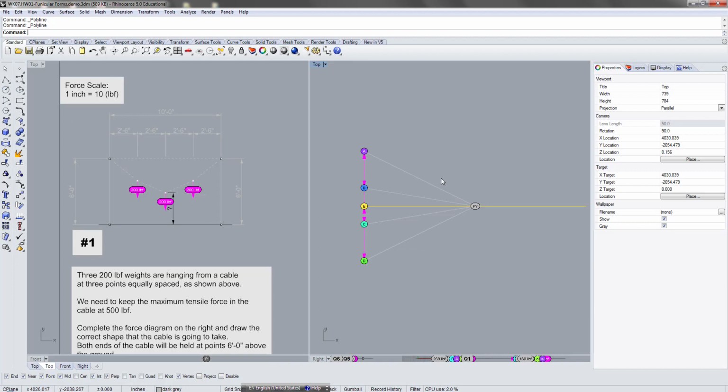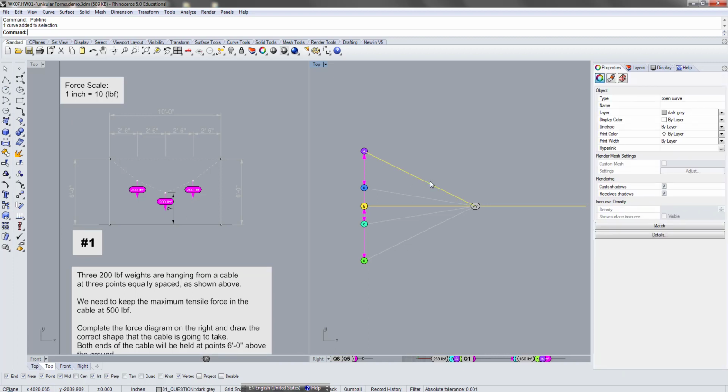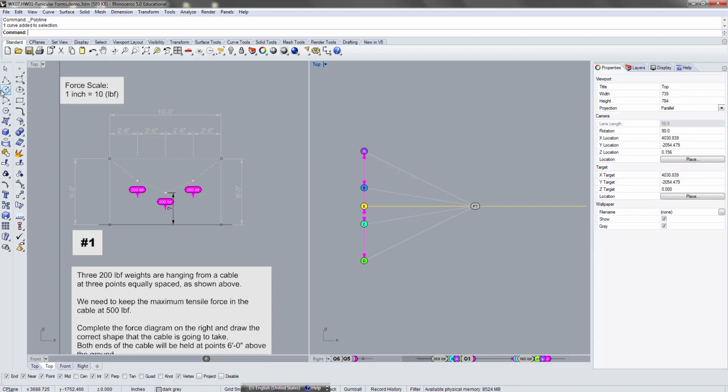So in order for me to make sure that this line is 500 pound or 50 inches, I need to draw a circle whose radius is 50 inches.